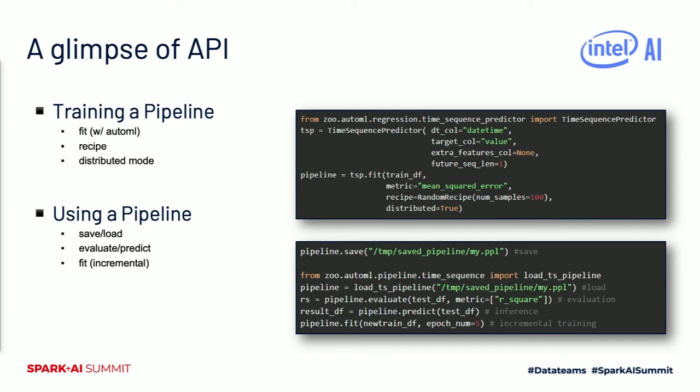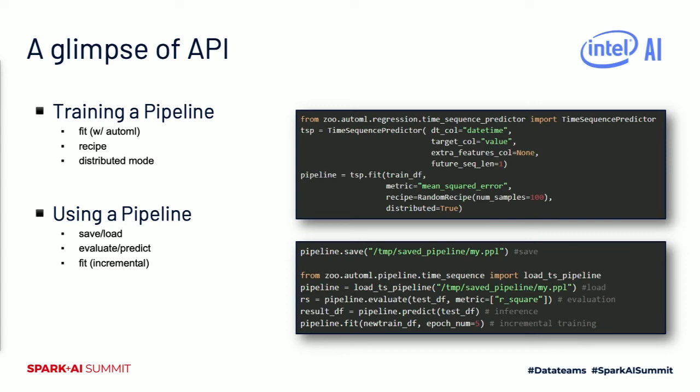Actually, we have implemented several handy recipes for your convenience, but you can always write your own. And there is also a flag called distributed, which indicates whether this is running on a single node or on a cluster. The result of the fit is a time sequence pipeline, which you can save to file and load later, and there are APIs for doing that kind of thing.